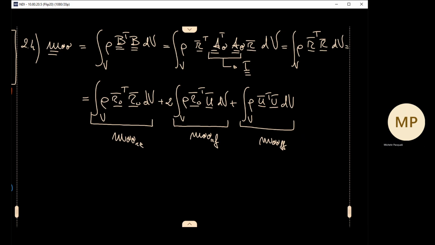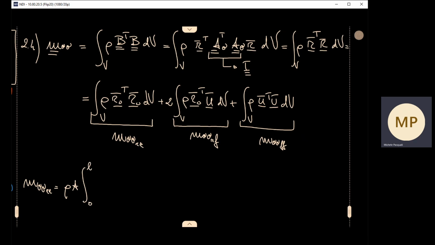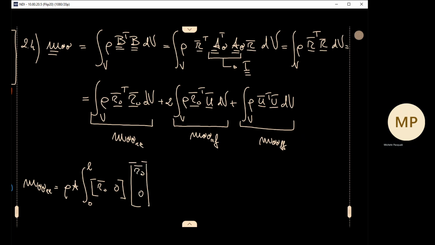Okay, so M theta theta R is by definition rho A, the integral from 0 to L of what? R0, 0, applied to R0, 0, in the dR0. Okay?